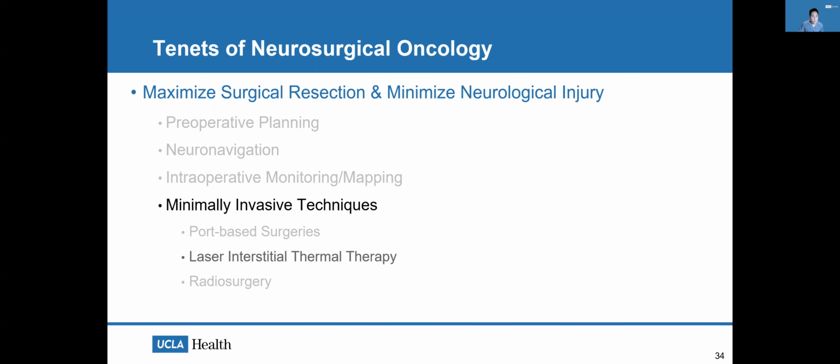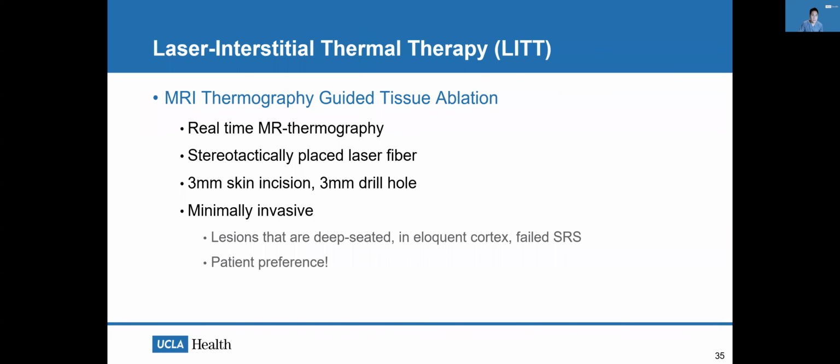Another important minimally invasive technique is laser interstitial thermal therapy. Now, this is something that has come dramatically more into vogue in the last decade or so. And this is thanks to novel software processing that allows us to perform MR thermography.